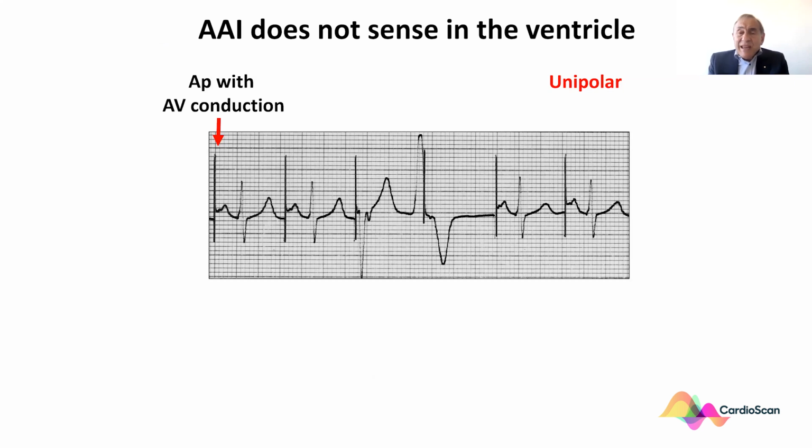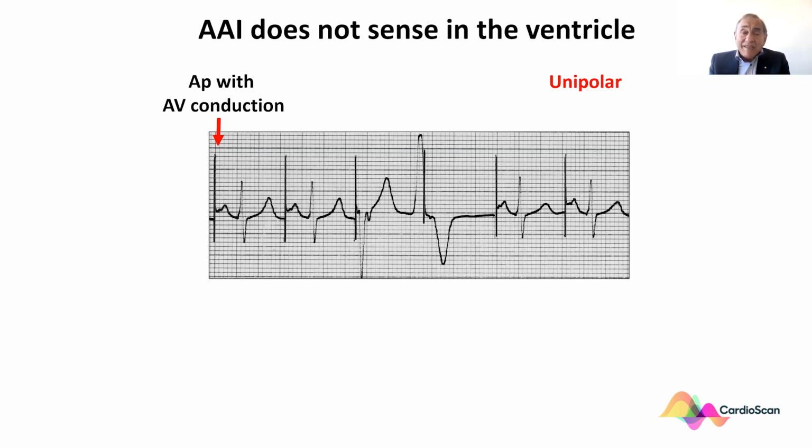One of the things that's very hard for people to understand is that AAI pacing does not sense in the ventricle. So if you have ventricular ectopic beats, they are not sensed because the lead in the atrium can only sense in the atrium. So we have bizarre looking ECGs like this, and this again is unipolar.